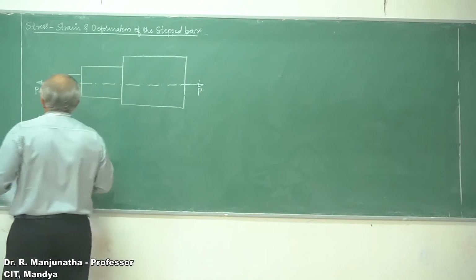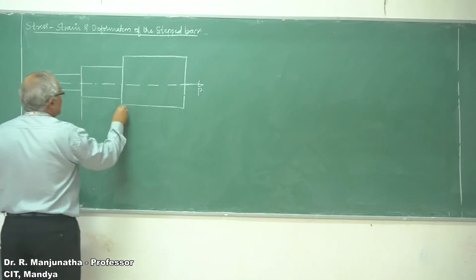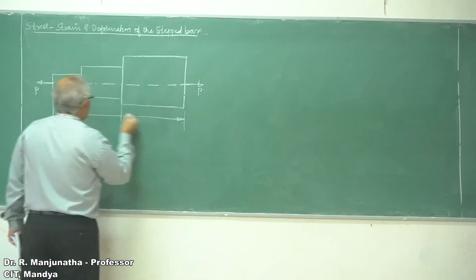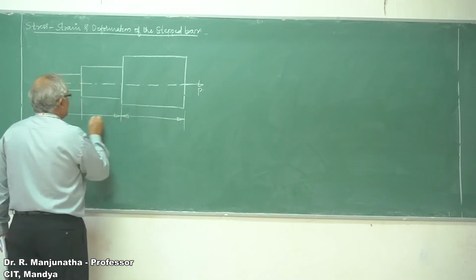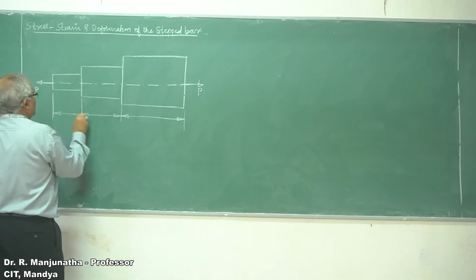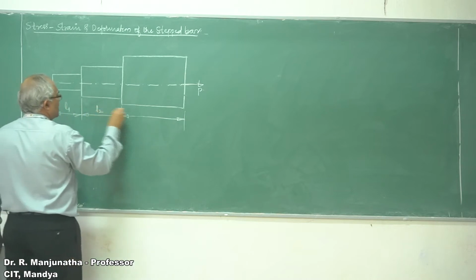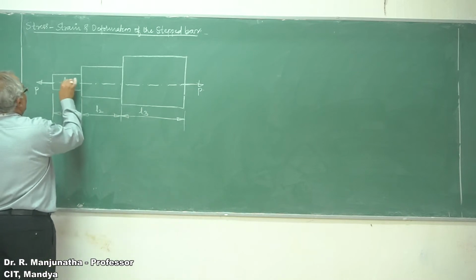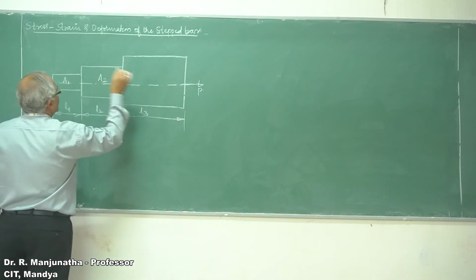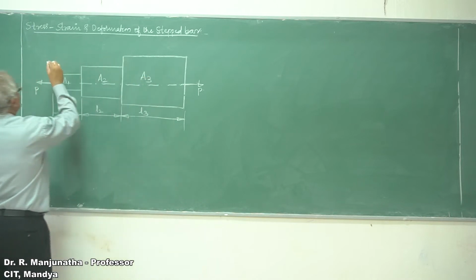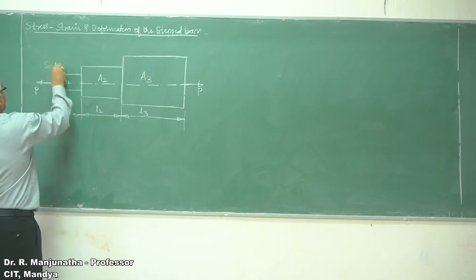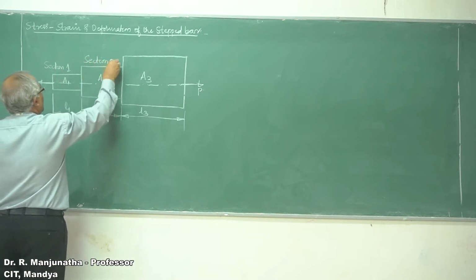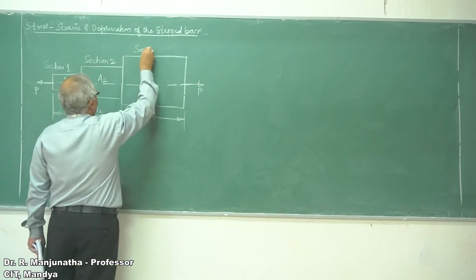It has lengths L1, L2 and L3, having the cross-sectional areas A1, A2 and A3. So this is section 1, this is section 2, and this is section 3.